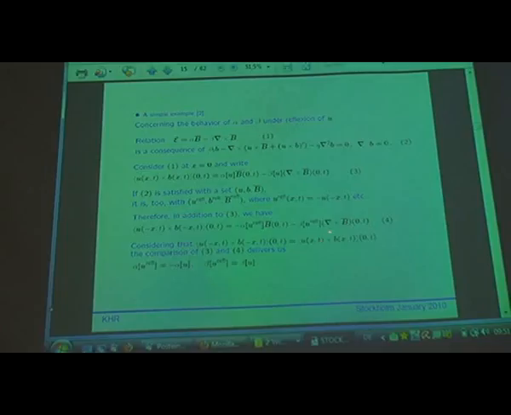It is again an exercise to show that curl of U cross B reflected at the point x equals 0 is equal to curl of B bar. Maybe I should give an explanation.